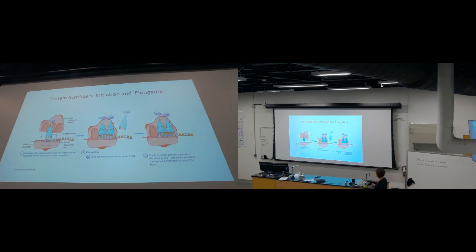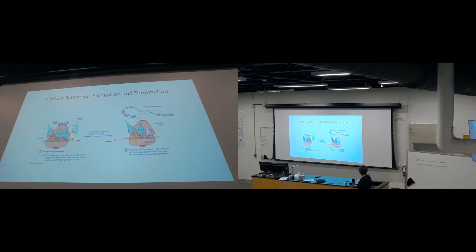You release it. And then you bring another type of amino acid, and you keep elongating until you have your complete polypeptide. And then once you reach your stop codon, which in this case is UAG, you bring something called a release factor that is not going to have any amino acids. So then you stop making your proteins.